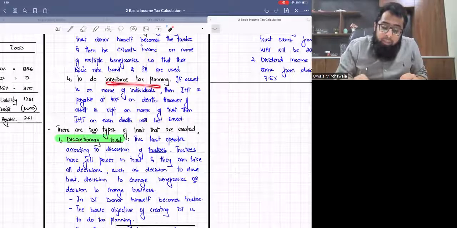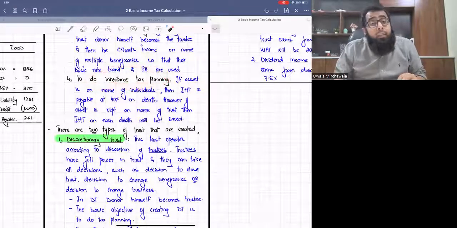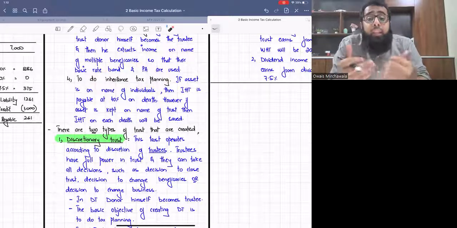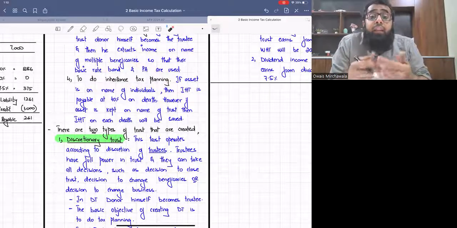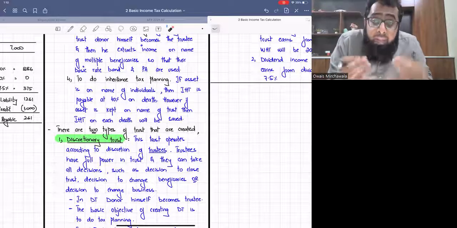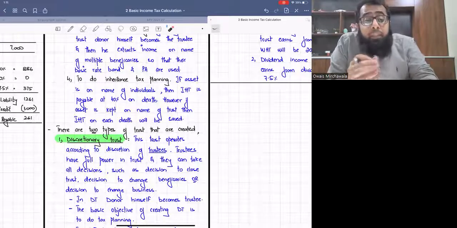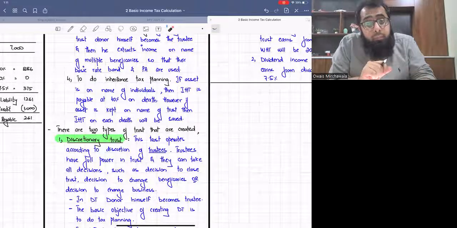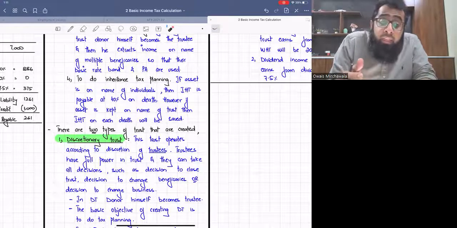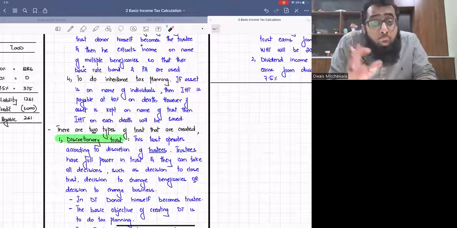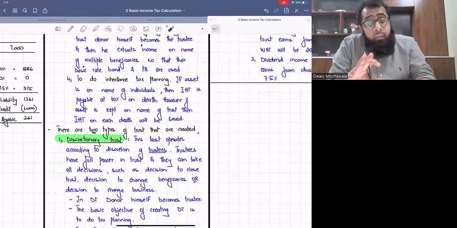Now, what do you mean by inheritance tax planning? If the assets are in the name of individuals, when they die and when their successor dies, and when their successor dies, on every death, 40% inheritance tax becomes payable. But if we create a trust, the assets are not in the name of individuals.